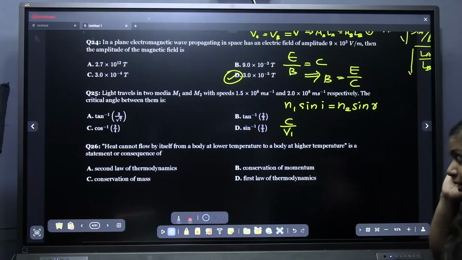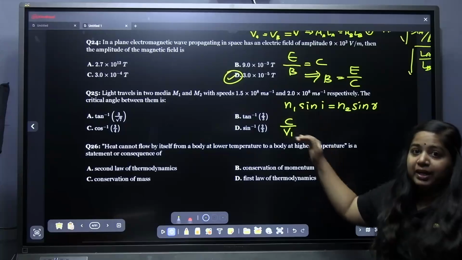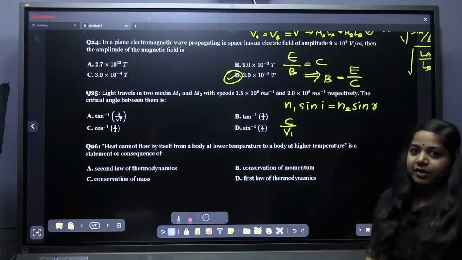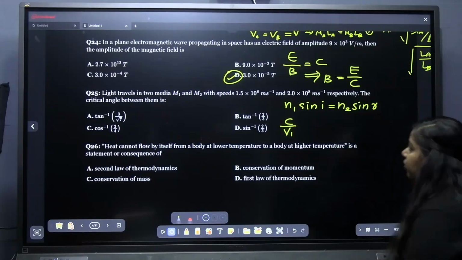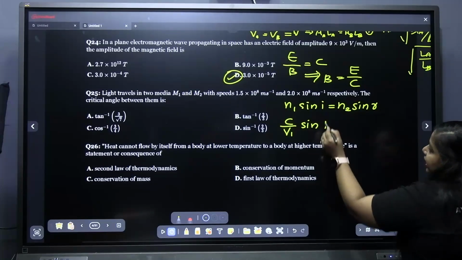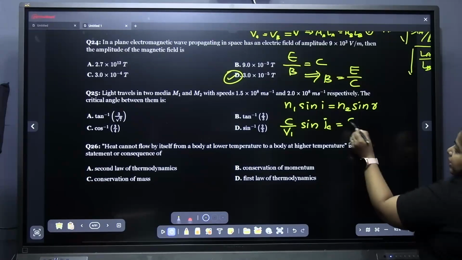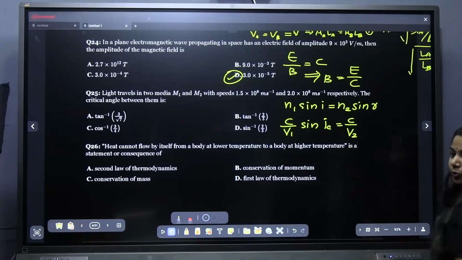Okay. So refractive index of a medium is C by V1, velocity in that medium. Write like that. Now critical angle will be IC. Then N2 will be C by V2.